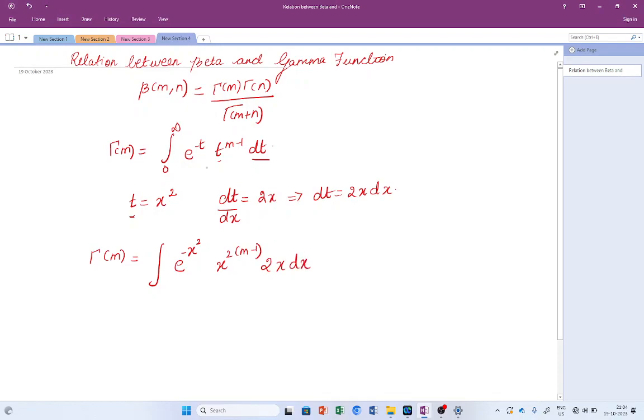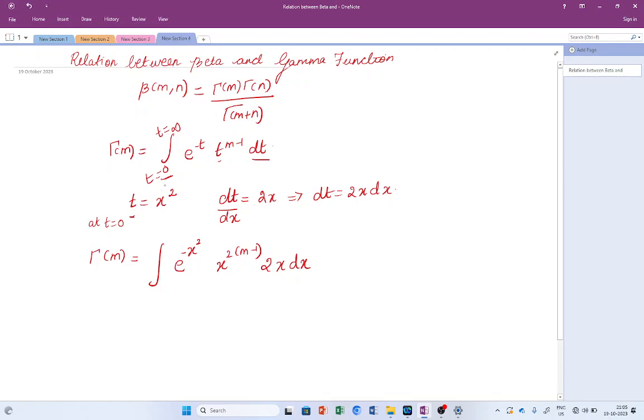Okay, now limits. This is the limit for t, because my integration is with respect to t: the points t is equal to 0 and t is equal to infinity. I've substituted t is equal to x square. So at t is equal to 0, x square will obviously be 0, so x will automatically be 0.